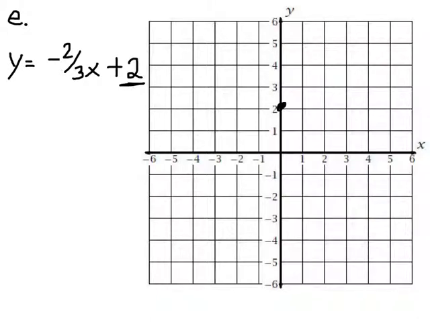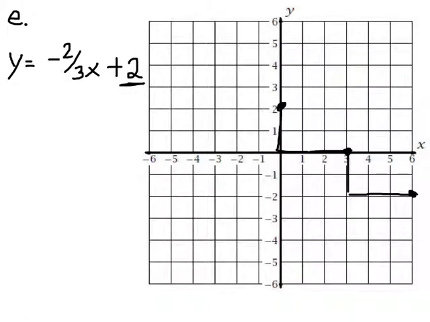That means from here, I'm going to go down 2 and over 1, 2, 3. There's my first point. From there, I'm going to go down 2 and over 1, 2, 3. And there's my third point.